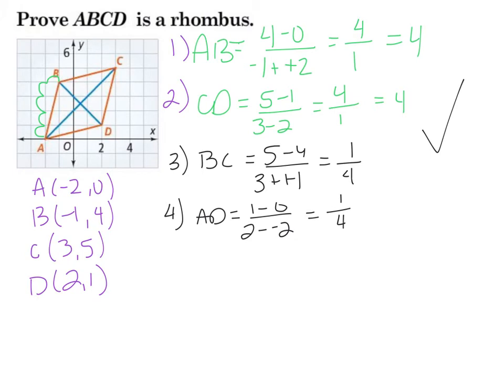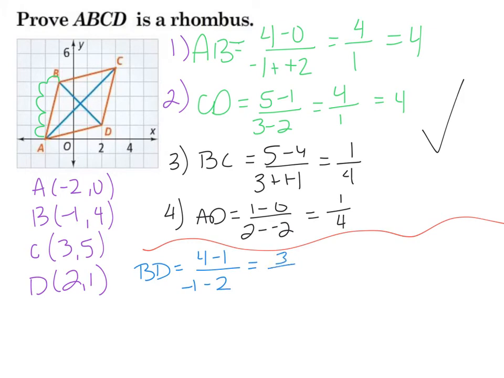The next part would be to prove that the diagonals are perpendicular to each other. So in order to do that, we need to find the slope of BD, and then we need to find the slope of CA. So the slope of BD, y2 minus y1, that would be 4 minus 1 over negative 1 minus 2, and this would equal 3 over negative 3, which would be negative 1.